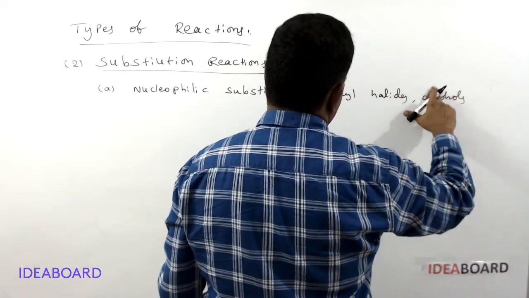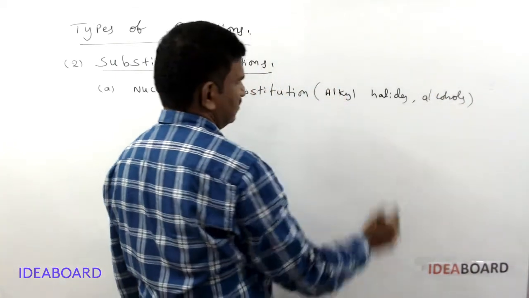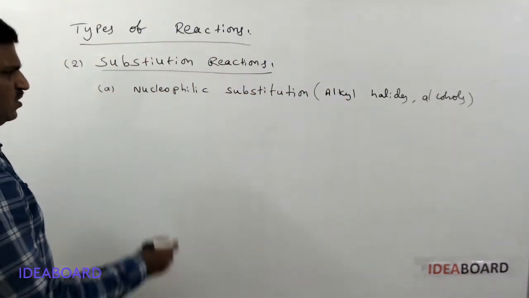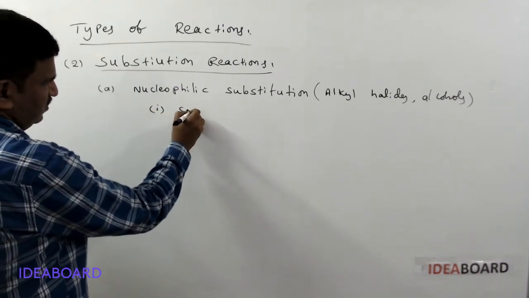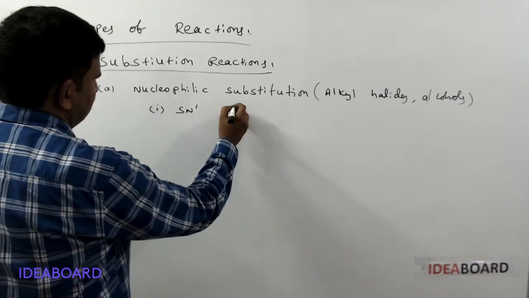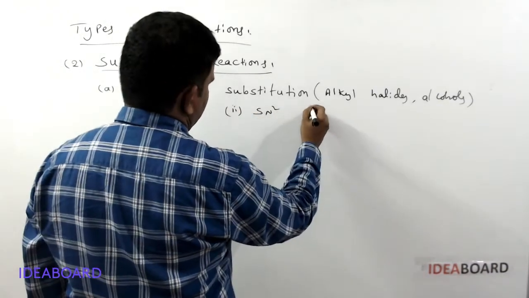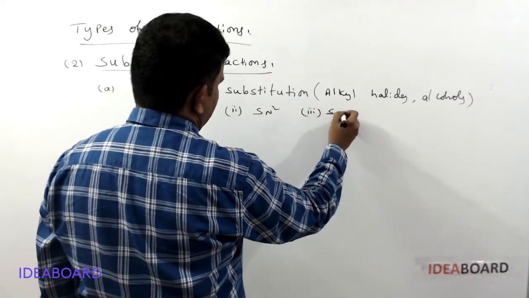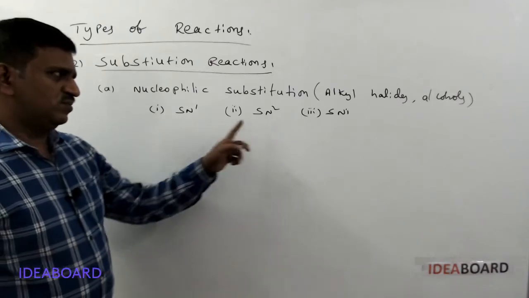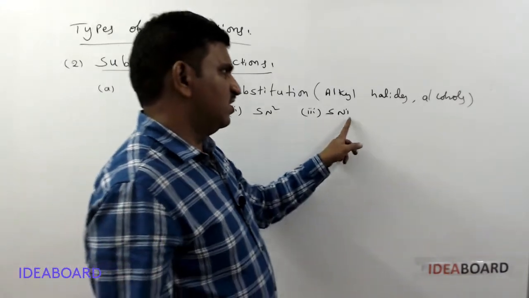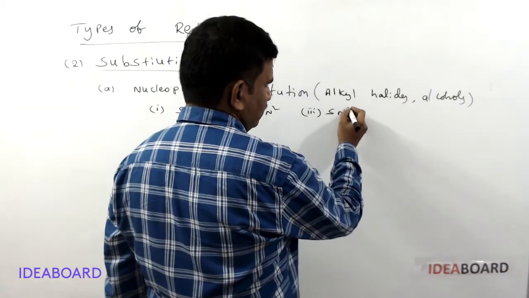In nucleophilic substitution there are three types: SN1, SN2, and SNi. SN1 is unimolecular nucleophilic substitution, SN2 is bimolecular, and SNi means internal nucleophilic substitution.